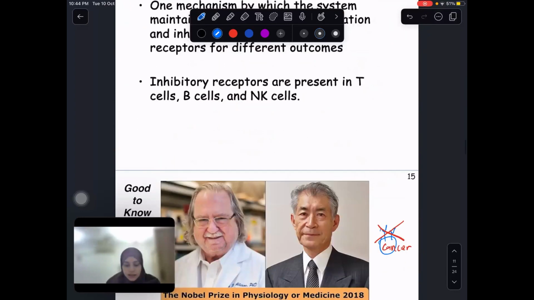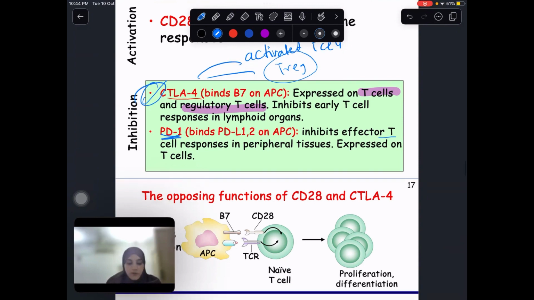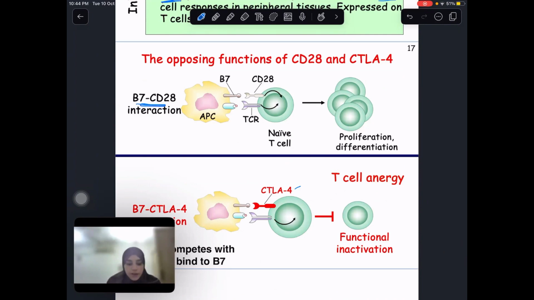PD-1 has the same idea. It is expressed on T cells, and it will inhibit. But our main focus is CTLA4. Now, how does this function start? As we know, if there's a B7-CD28 interaction, this is co-stimulation. This activates the naive T cell to proliferate and differentiate.